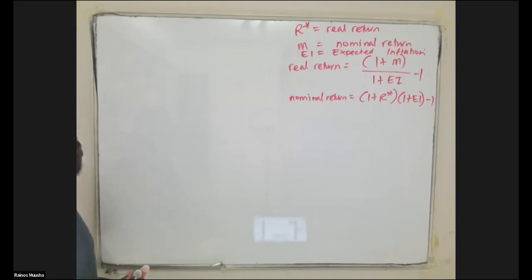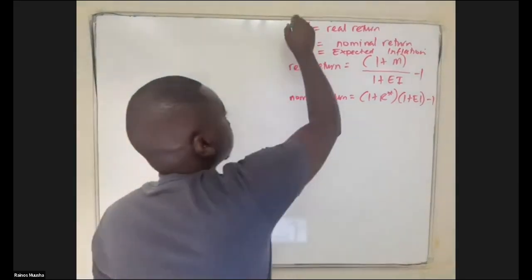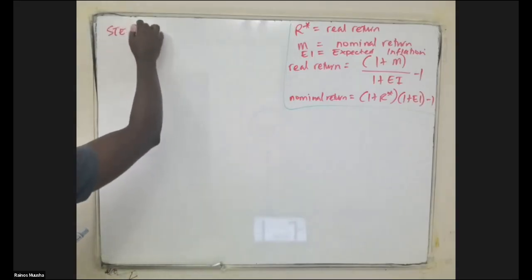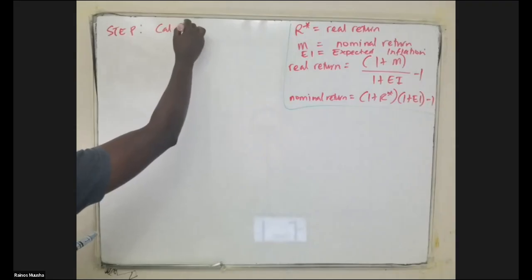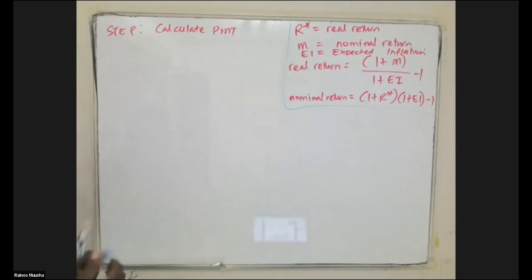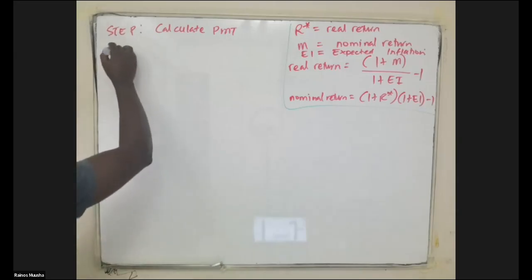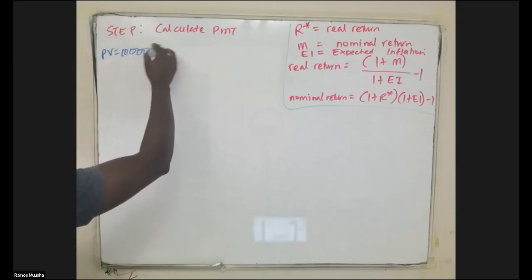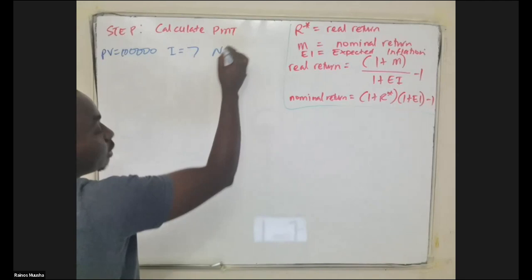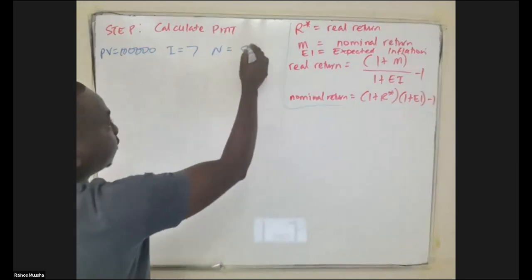Going back to our example of loan amortization. Whenever you do loan amortization, step number 1 is always to calculate the PMT. To get the PMT, we are given that the present value is 100,000, the interest rate is 7%, and the number of periods is equal to 5 years.